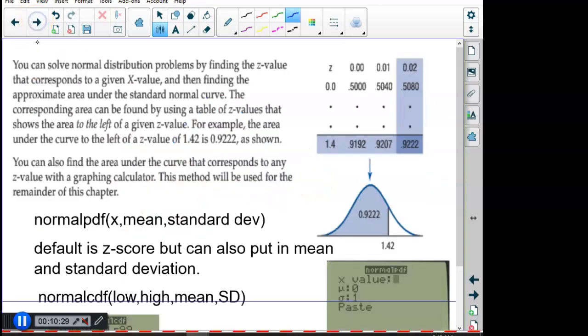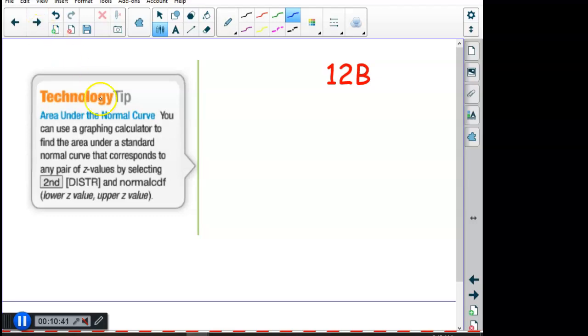They're just comparing it to z-scores now. This is just using the norm on your calculator. This is on your notes, right? It's on your reference sheet, isn't it?